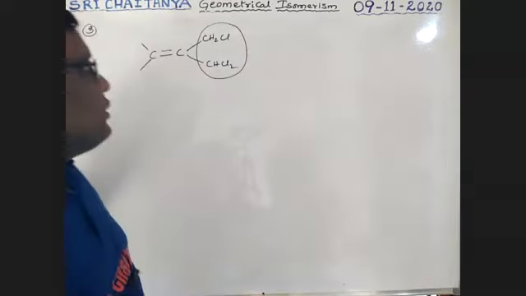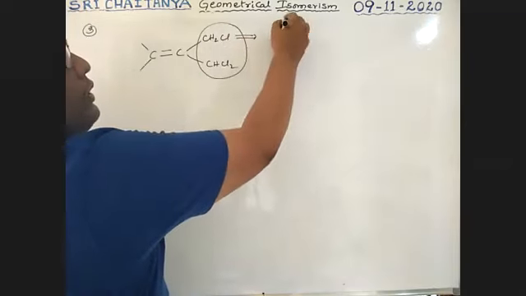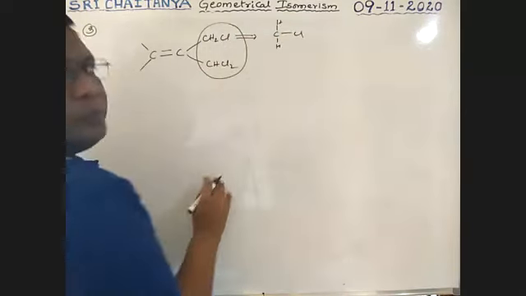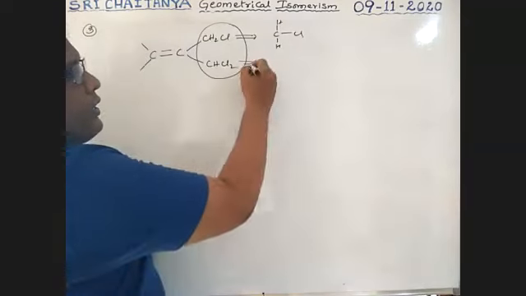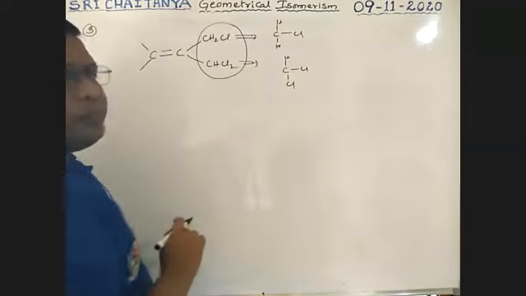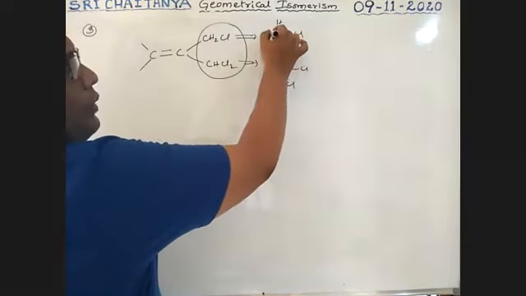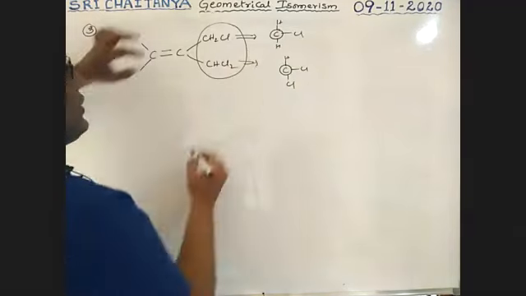So see boys, this is CH2Cl, and this I'm writing like CHClCl. That means this is the group attached directly to the carbon, boys.